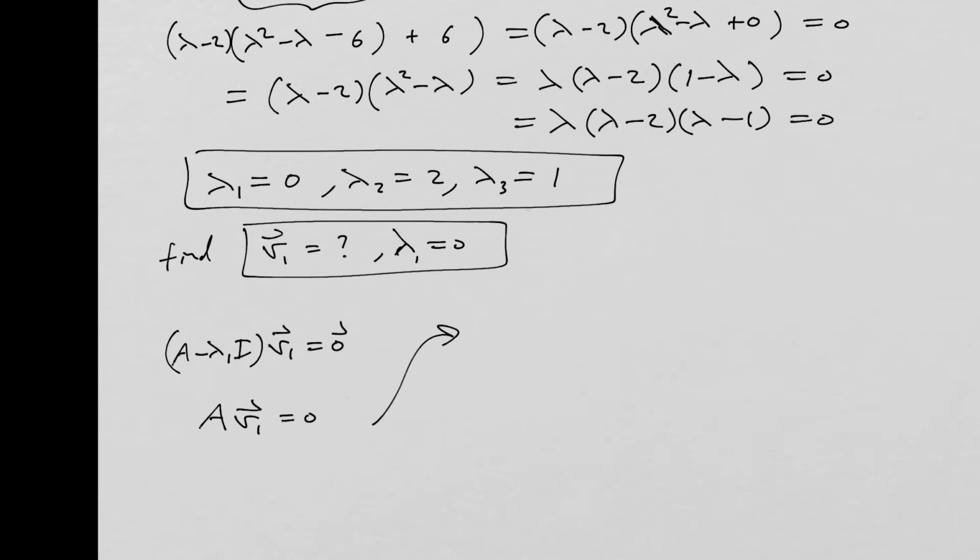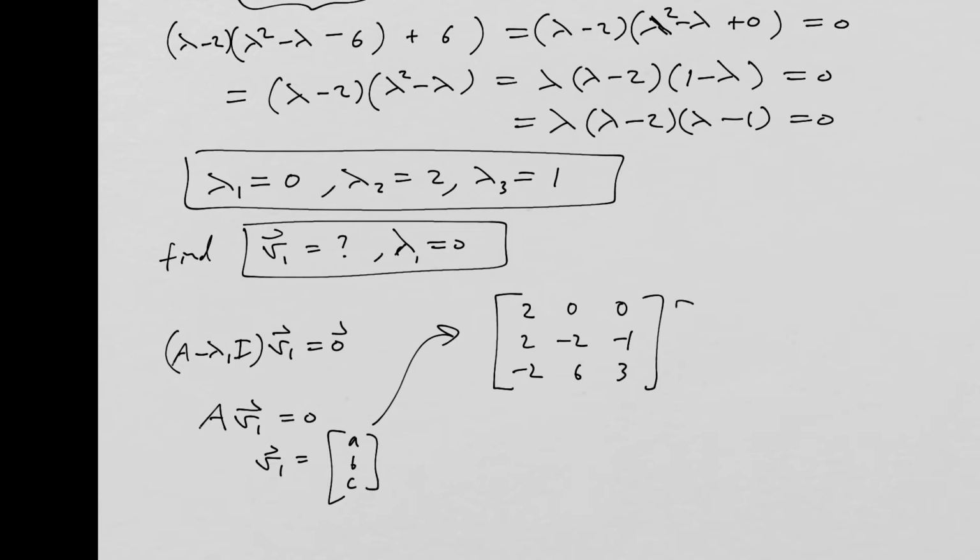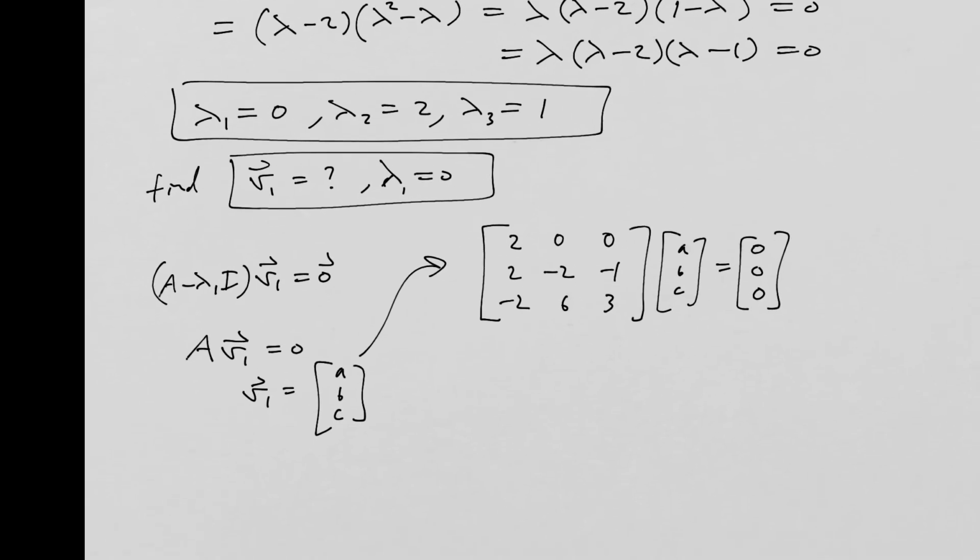We can solve this one with row operations. My v1 in this case, we have to put the unknowns in as just a, b, c.